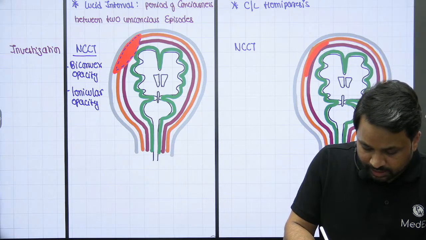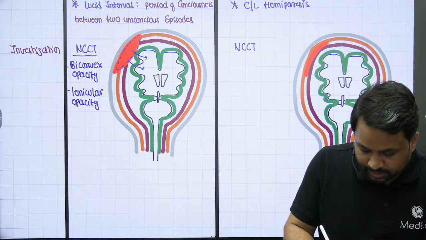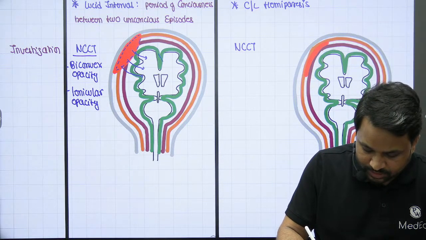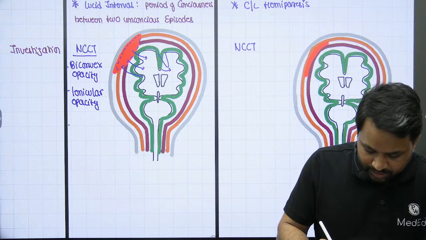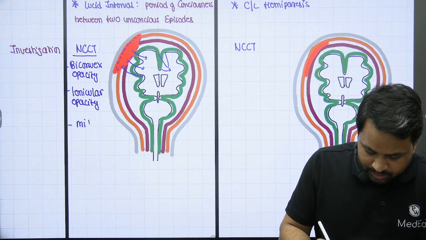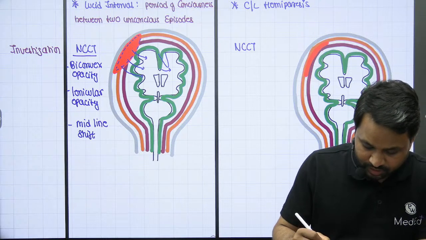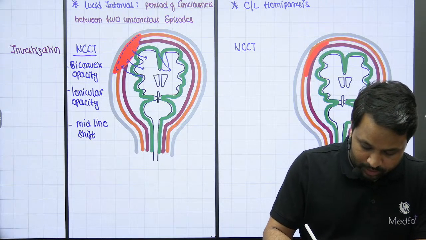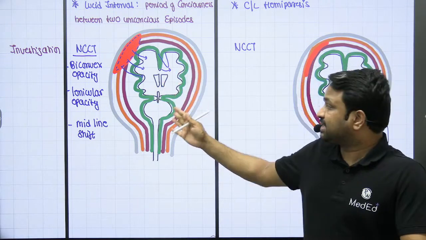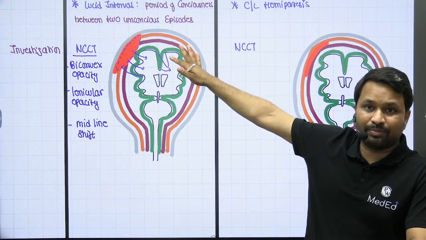प्रेशर बढ़ेगा, it is going to exert pressure on to the brain parenchyma, जिसकी वजह से आप देखोगे आपका falx cerebri जो सेंटर में है, it is going to deviate, and this deviation of the falx cerebri is what we call as the midline shift. ज़्यादा प्रेशर हो जाएगा तो आपका जो cerebellum है, right? So this is the cerebellum, this is the cerebrum. That's your brain parenchyma, and this is cerebellum.